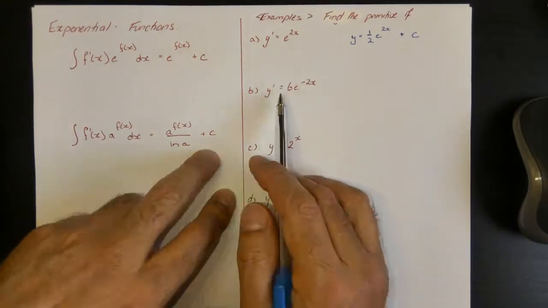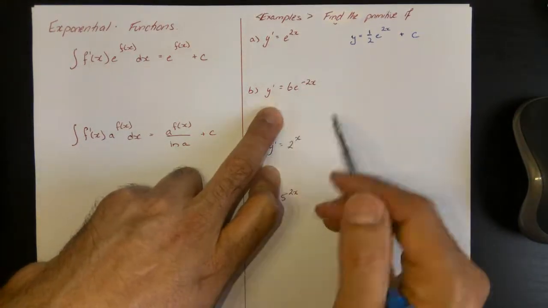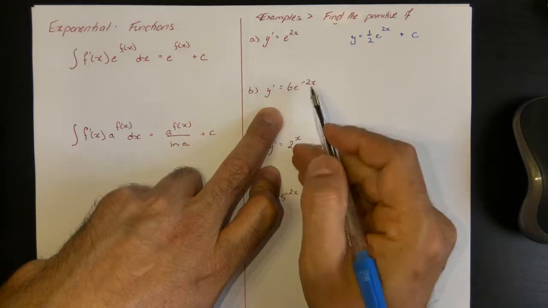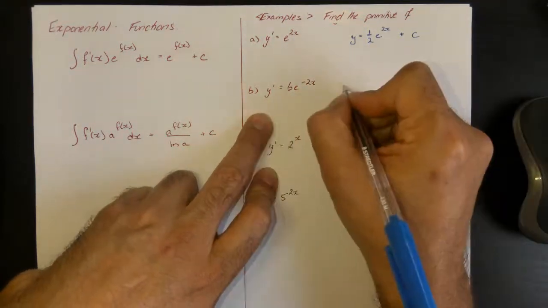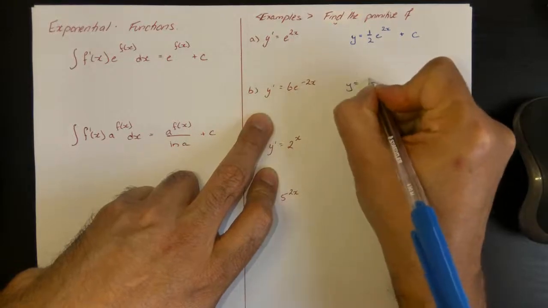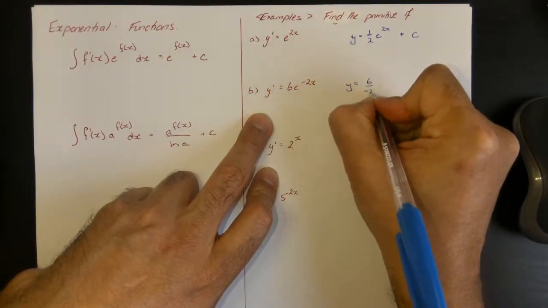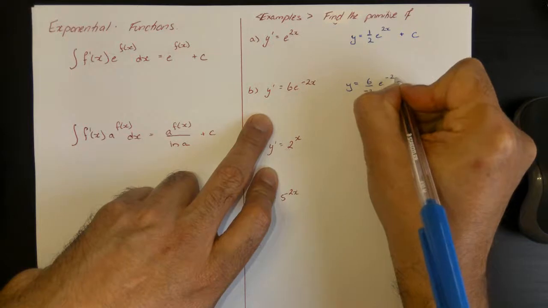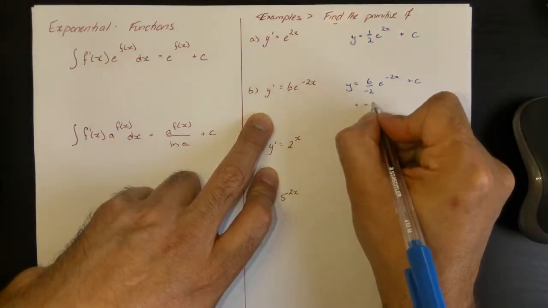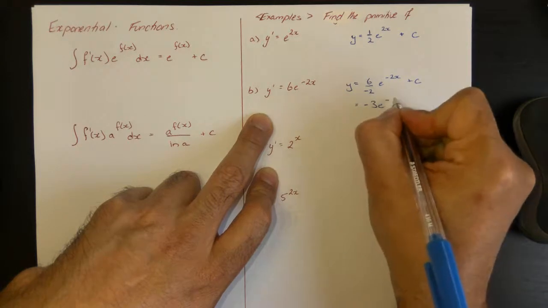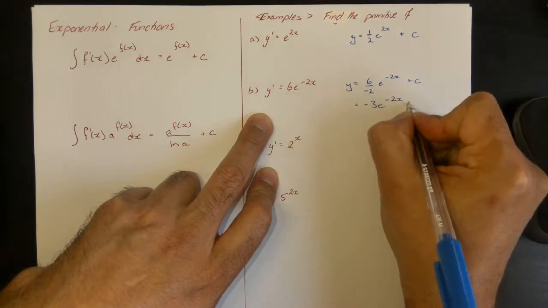Alright, so here I have negative 2x, so what I really want to do is divide that by the constant. And that's going to give me negative 3 lots of e to the power of negative 2x plus c.